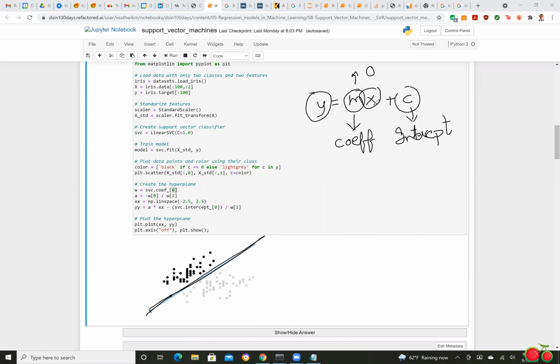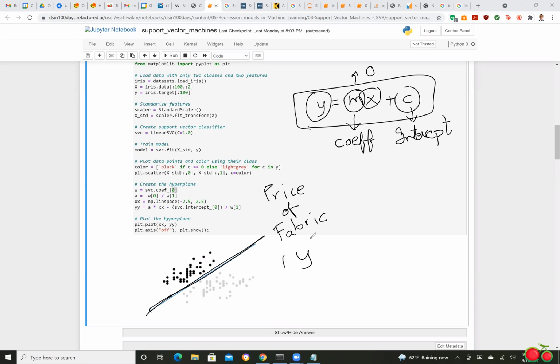To give you an even better example, if you remember the example from last class, let's say I am trying to predict the price of a fabric.